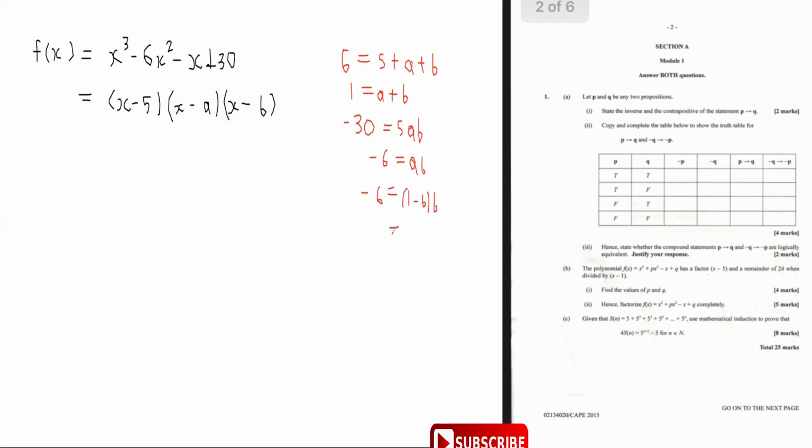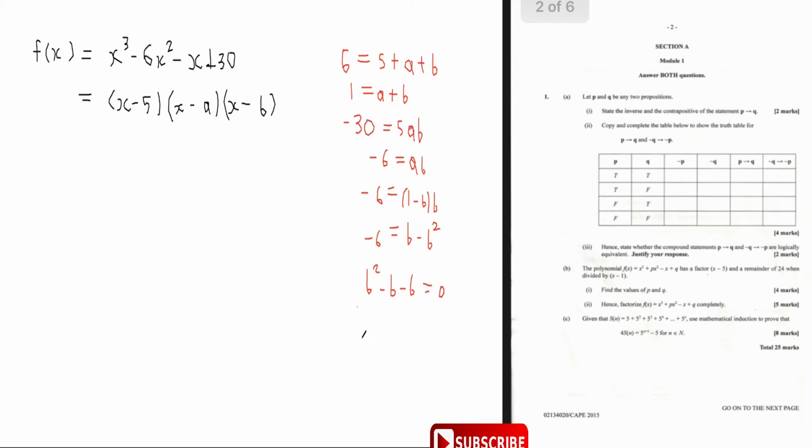1 minus b times b works out to be b minus b squared, and this is -6. And so all I have to do is bring it over, and I get b squared minus b minus 6 equals 0.